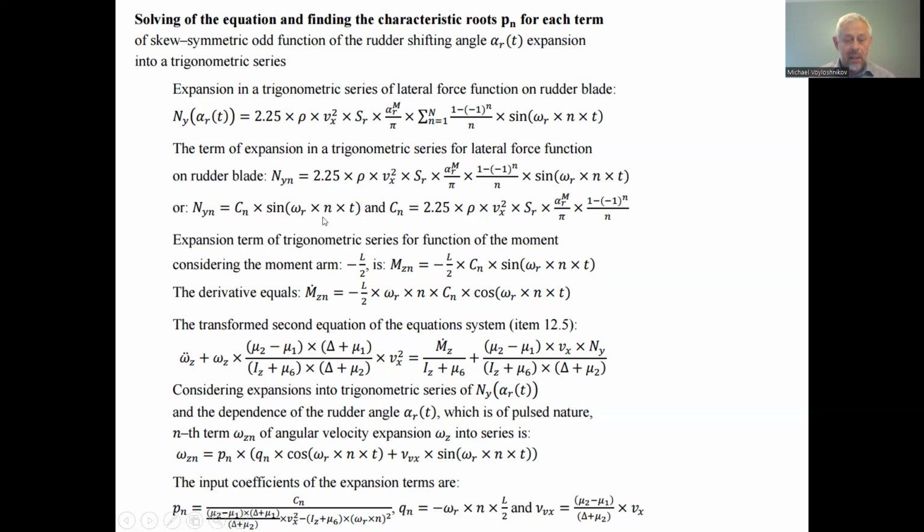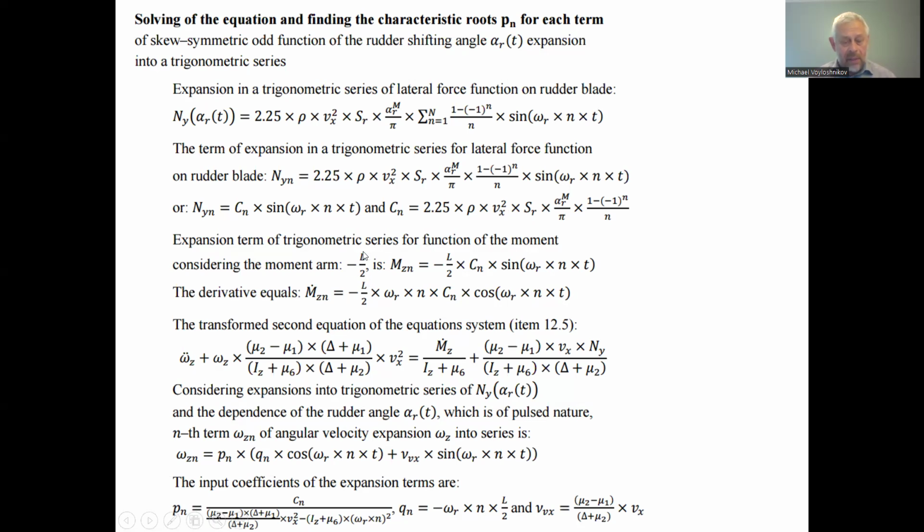We can have this from the expansion in a trigonometric series of the transverse force, assuming that the transverse force is applied to the rudder at the ship stern with the arm of minus L/2 from the point of application of all other forces, which for a symmetric ship we assumed to be right near the middle of the ship, the forces applied to the submerged part of the ship hull.